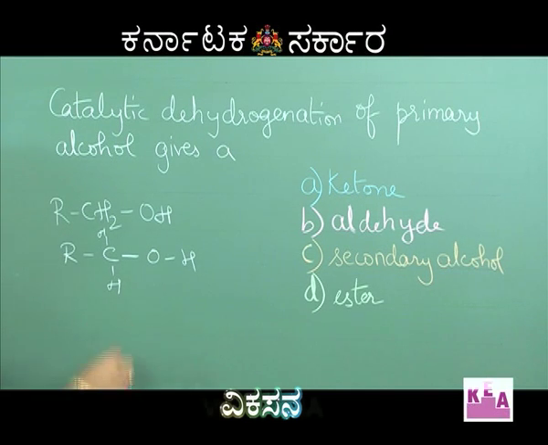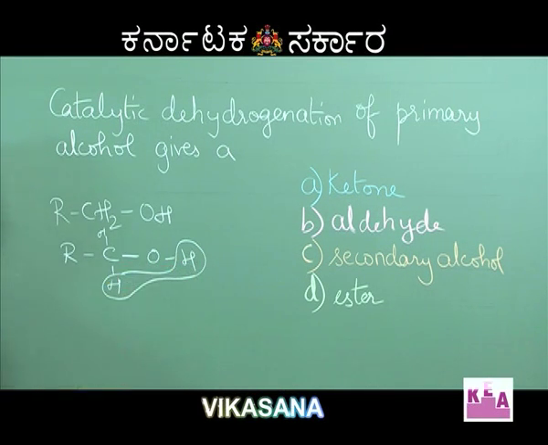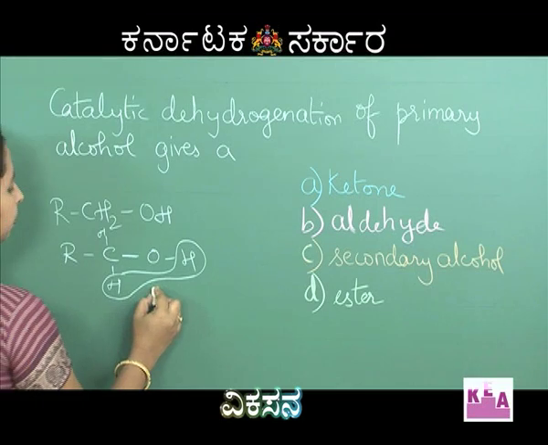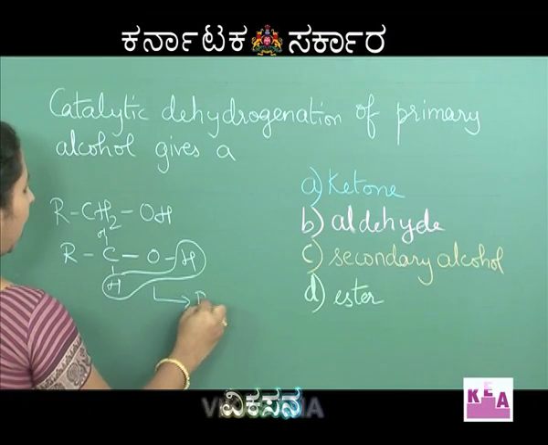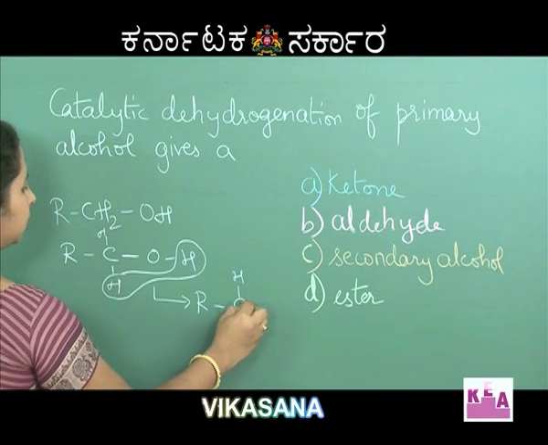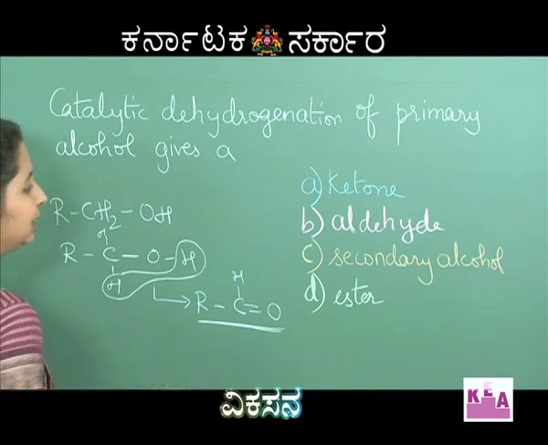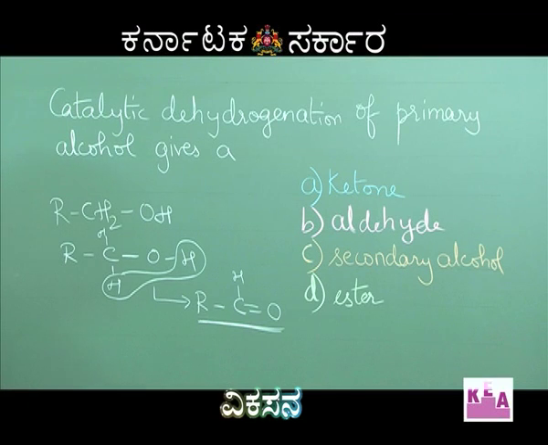Dehydrogenation means 2 hydrogens are removed from the compound. So, when we remove a hydrogen molecule from the compound, what is the product that is formed? RCH, and this becomes a double bond O. So, the primary alcohol always gives an aldehyde.